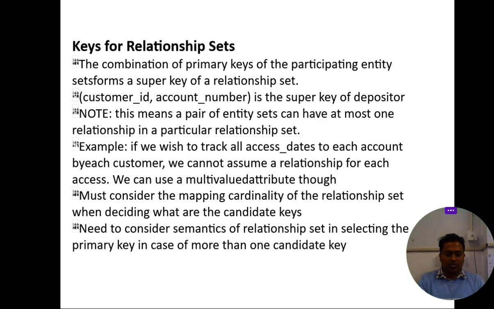Example, if we wish to track all access dates to each account by each customer, we cannot assume a relationship for each access. We can use a multi-valued attribute though. We must consider the mapping cardinality of the relationship set when deciding what the candidate keys are. We need to consider the semantics of the relationship set in selecting the primary key in case of more than one candidate key.